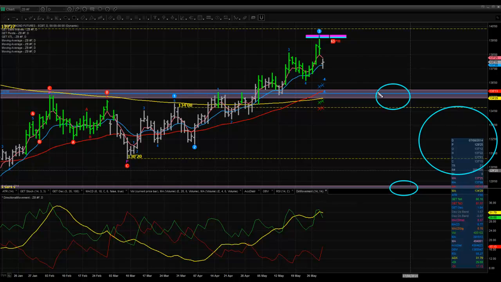I think we're probably going to test this upper boundary. We're going to test this area right here. But we still had this golden cross there, the 50 over the 200. And that tells me that we've still got a lot of bulls coming into the bond market.